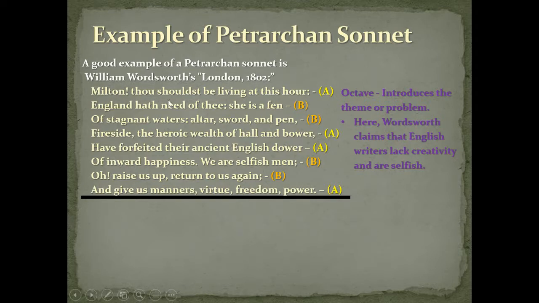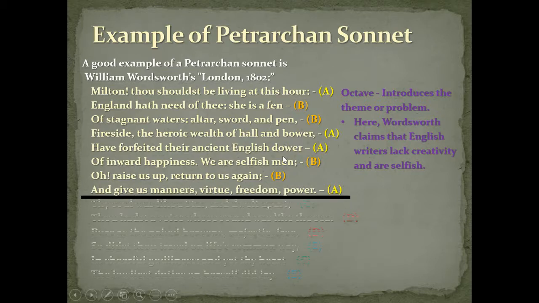We need you today, we need you living. England is stagnant. Altar, sword, pen, right? So religion, army, might, and then writing are all just stagnant. We forfeited the ancient English creativity, and now we're just selfish men. We're not doing anything worthwhile with art.